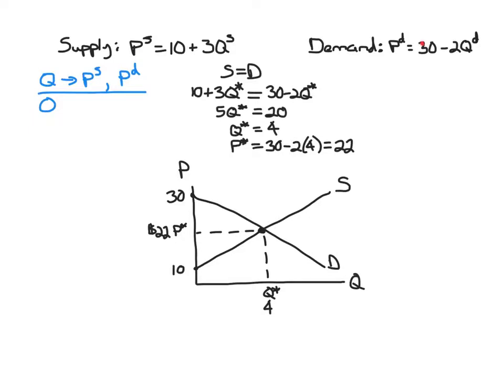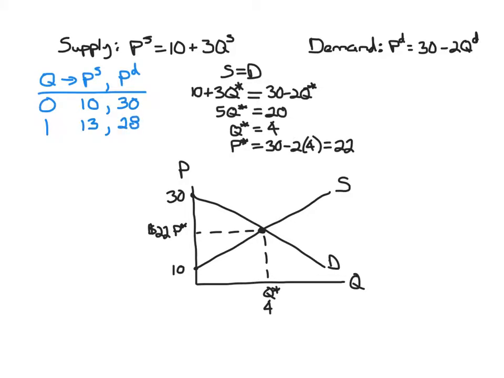Plugging it into the demand curve, we would get 30 minus 2 times 0, which is 30. So let's add that to our table here. So 10 versus 30. Okay, if we plugged in 1 for the quantity, the supply curve would give us a supply price of 13, and the demand curve would give us, let's see, 30 minus 2 would be 28.